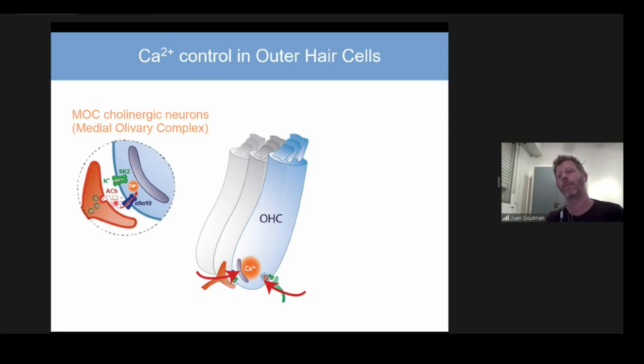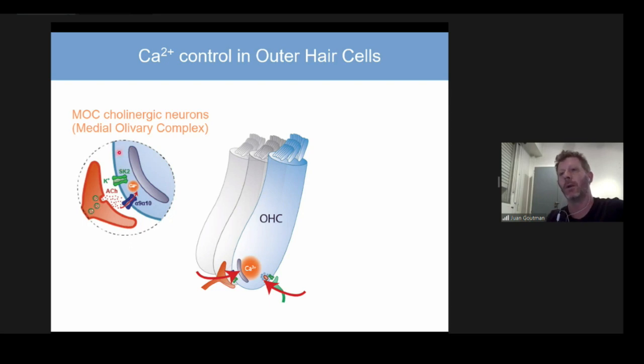They release acetylcholine, and outer hair cells have this special type of nicotinic receptor assembled by these two subunits, and the receptor is highly calcium permeable. So every time they open, calcium is let into the cell, and then calcium opens, in turn, a potassium channel of the SK2 family, and these channels are only calcium dependent. There's no voltage dependence of these channels.